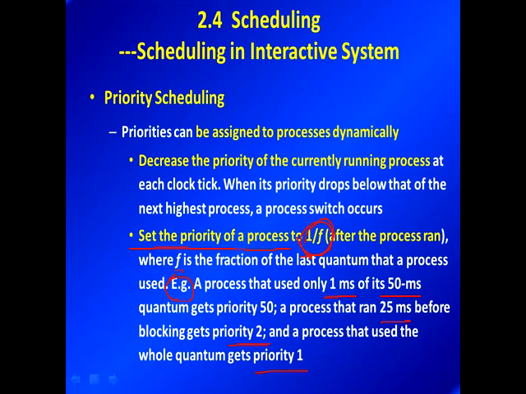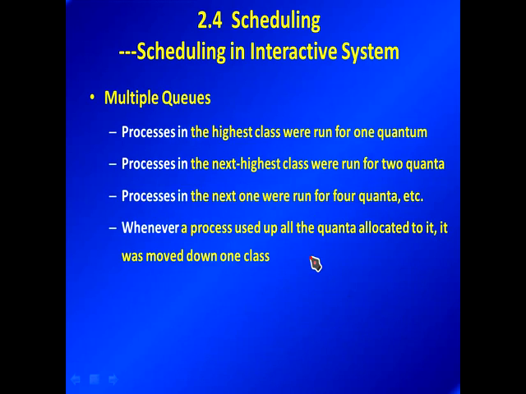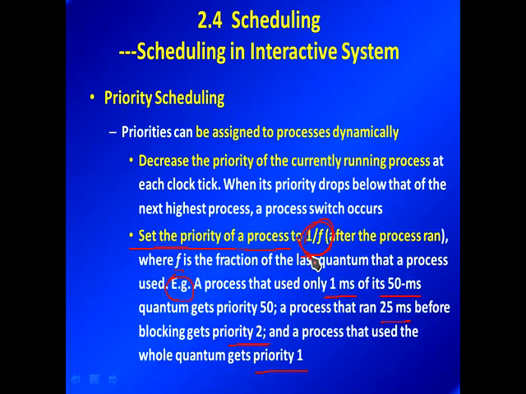So anyway, we have a lot of ways to dynamically modify the priorities for the processes in the system, and no matter which way is adopted, priority scheduling is suitable for processes which need to be handled in a special way.